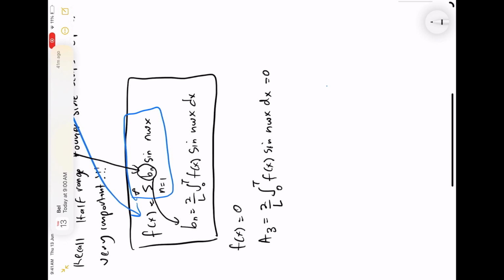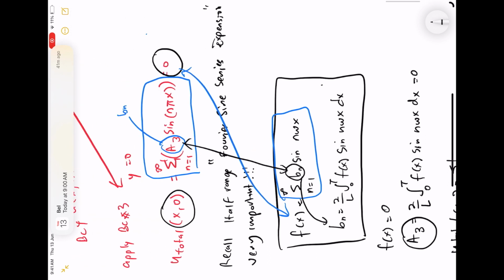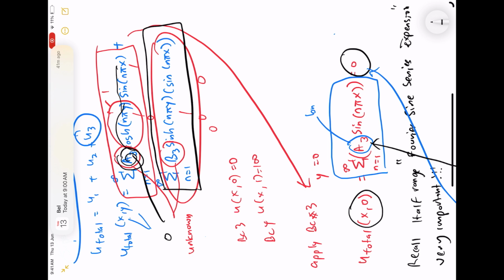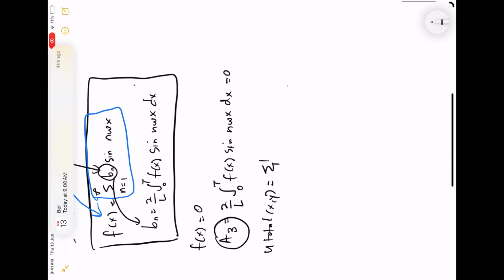So our u total (x,y) equals the summation of, because a3 is equal to 0, right? Now we only have this part, because this part is already 0. 0 multiplied by all of this will give 0. So our new u total, we only have b3.